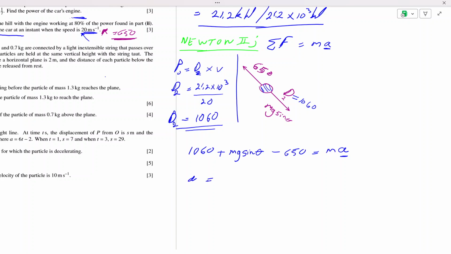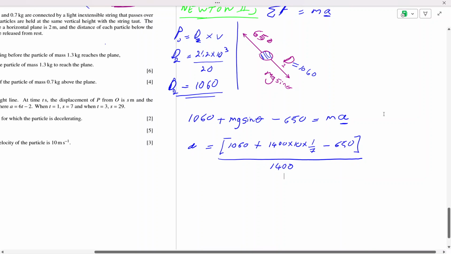So that acceleration is going to be equal to 1060 plus, substituting in the values for mg sine theta, 1400 multiplied by 10 multiplied by 1 over 7 for sine, then subtract 650 like that. Then all of that is divided by the mass, which is 1400 kg, to get the acceleration.